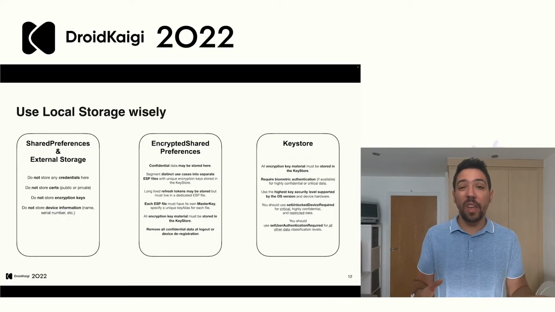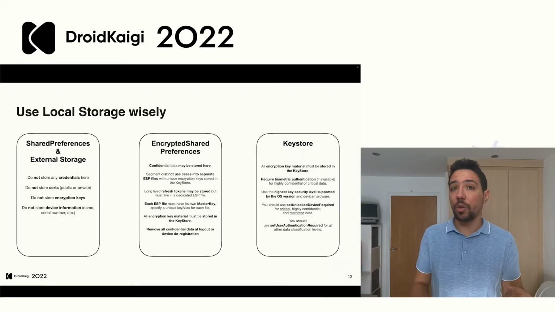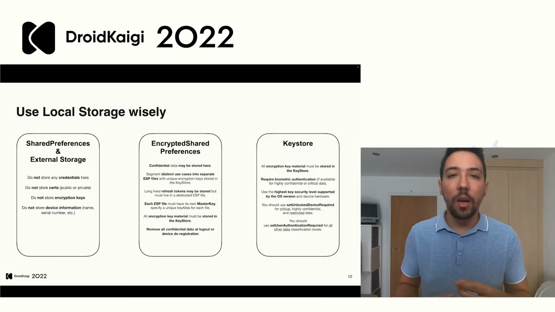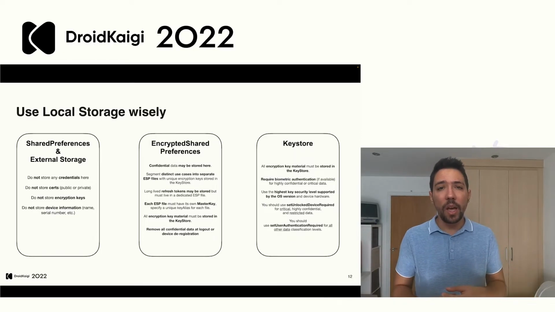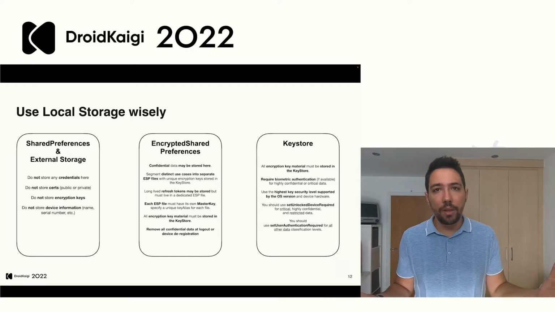Next, we have the encrypted shared preferences. That is actually a place where you can store valuable stuff. Encrypted shared preferences, as the name suggests, are always encrypted by separate keys. And in each of those encrypted shared preferences buckets, you could be storing confidential data, tokens or refresh tokens, and anything else like that.